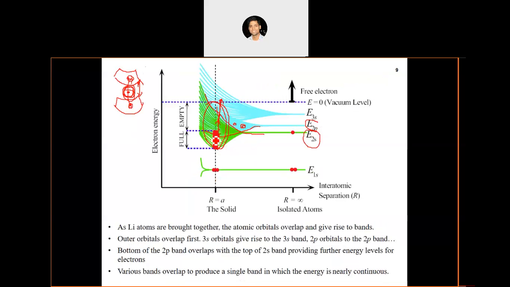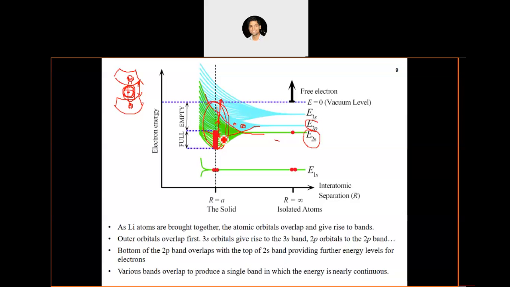Another important concept was that there can be overlap of different bands, right? The top of the 2s band can overlap with the bottom of the 2p band. Because of that, the transition of an electron from one state to another is very smooth. It does not have to jump a large energy gap.